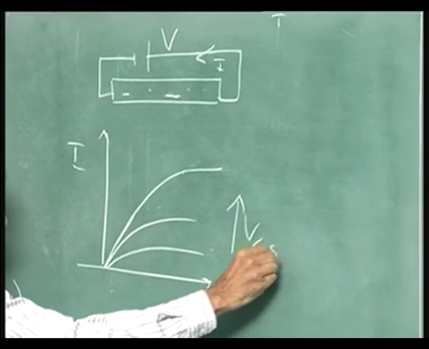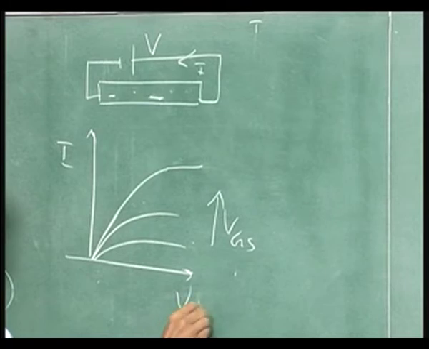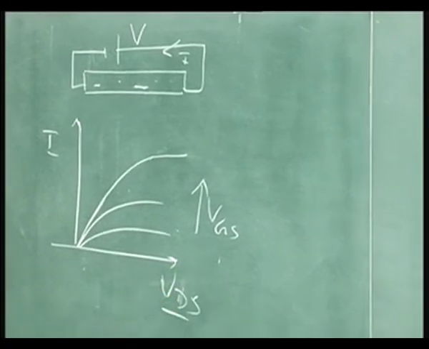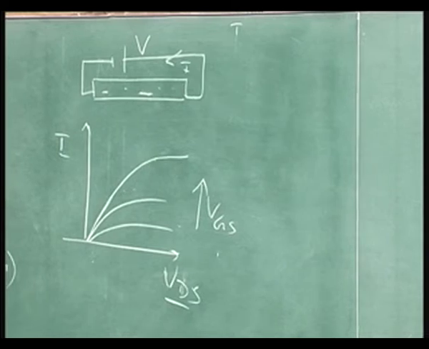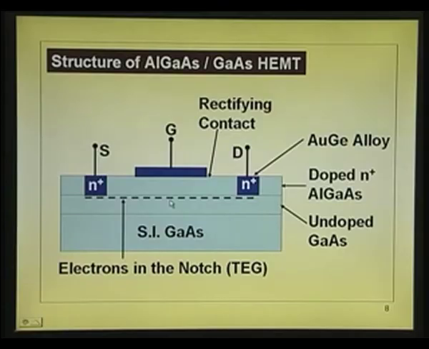We will come back to this. Right now, I am just saying that you can get gate control and vary the charge of this layer and vary the current. There will be a few gaps in the understanding right now, but everything will clarify further as we go on.